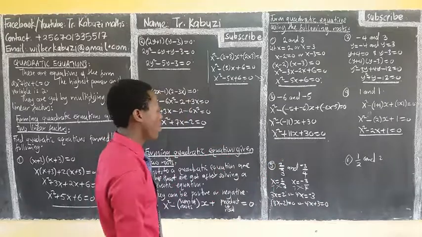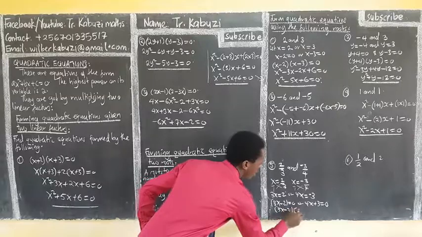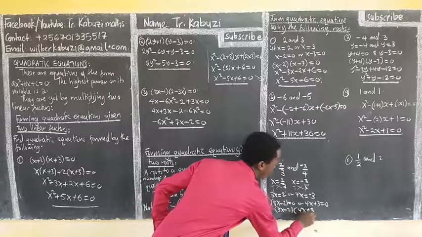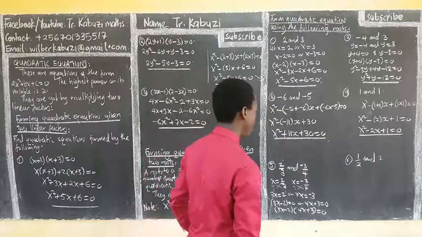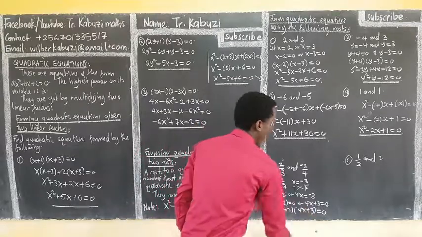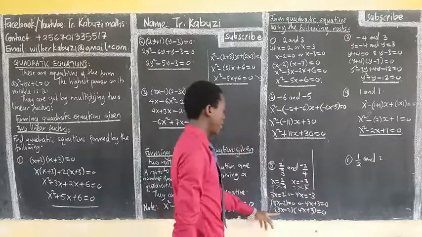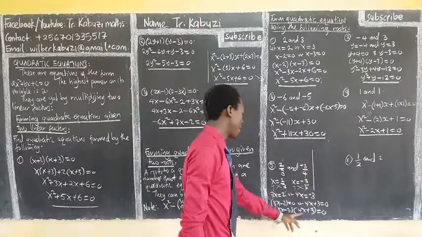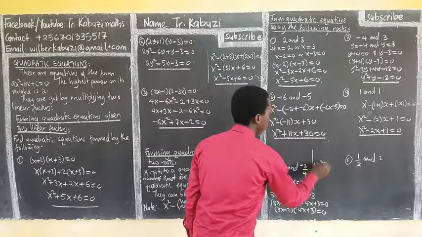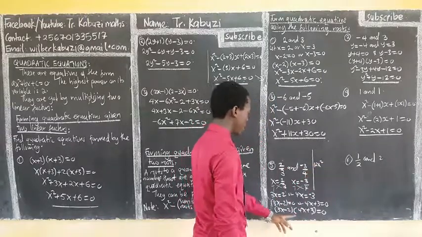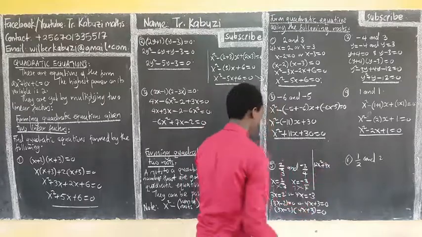Then after that, you multiply them. This will be 3x minus 2 into 4x plus 3 equaling 0. Now, if I multiply that, I'll be having, allow me to use this space here. 3x times 4x, I'll get 12x squared. 3x times 3, I'll get 9x.